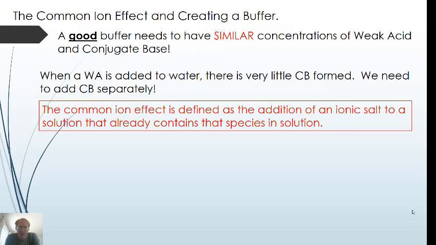I don't have to worry about percent ionization of my salt, and it just makes life so much easier if you just pick a salt that doesn't affect pH and is readily soluble. And the obvious choice is to use a sodium salt. Sodium doesn't affect pH, and all sodium salts are soluble. So the vast majority of common ion salts that you use are either potassium or sodium for those two reasons. They're soluble and they don't affect pH.